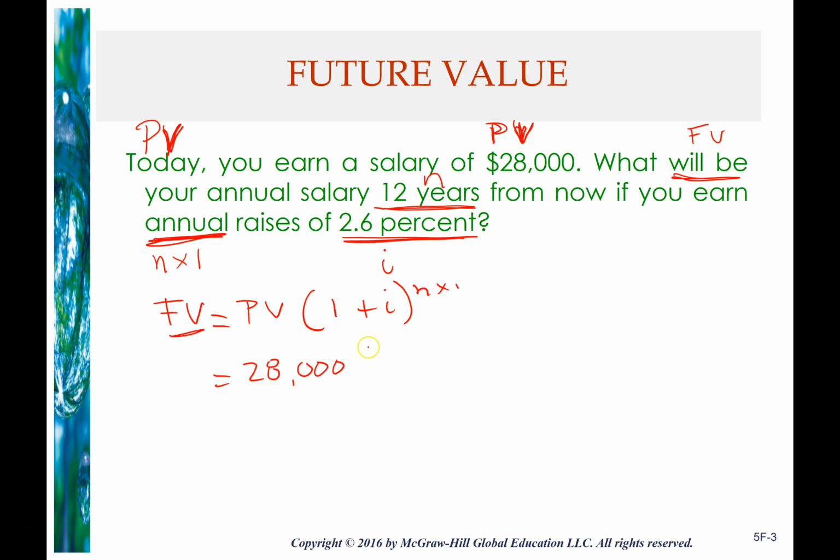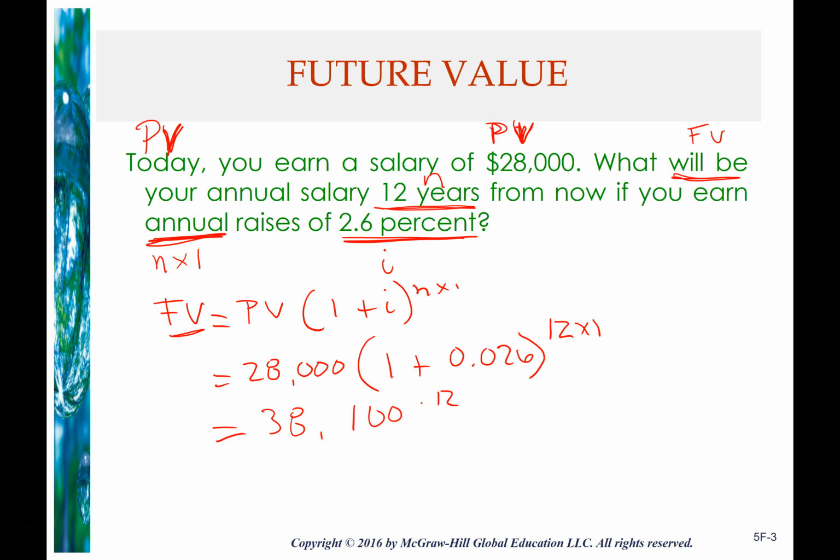Big money here. $28,000 times 1 plus 0.026 to the 12th, because you're getting paid annually. And if you compute that, you will get $38,100.12. Okay, let me just do this math really quickly to make sure we have the right amount.